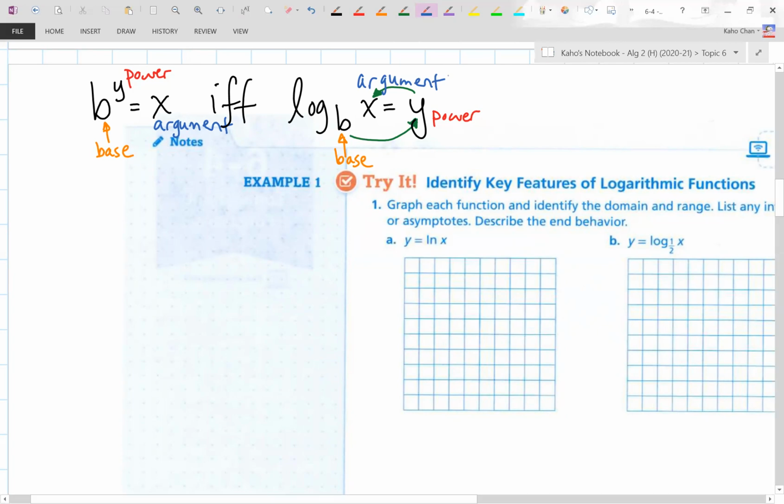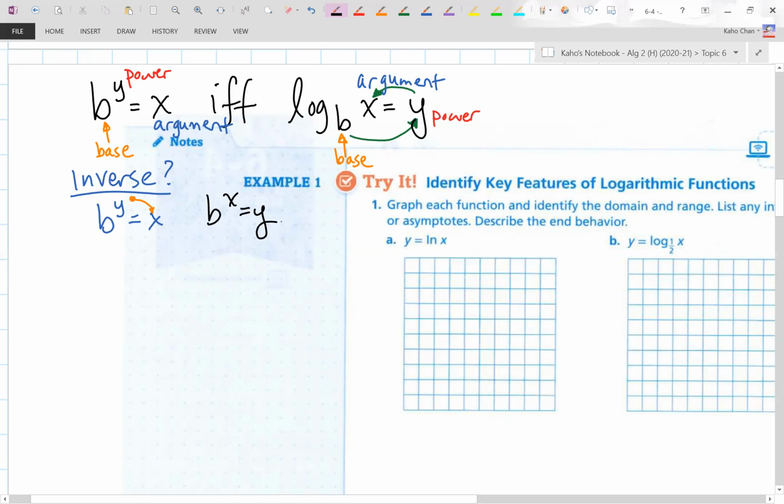To find the inverse of this relation, the key is to swap x and y. So here, literally taking b to the y equals x, and when you swap x and y, you get b to the x equals y, okay?